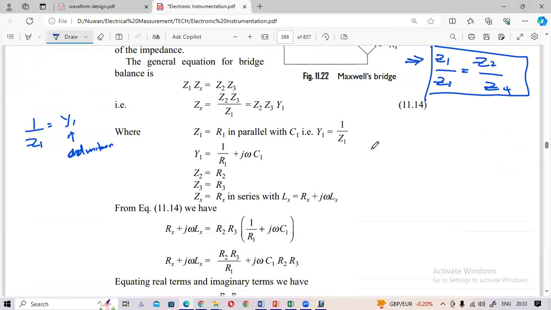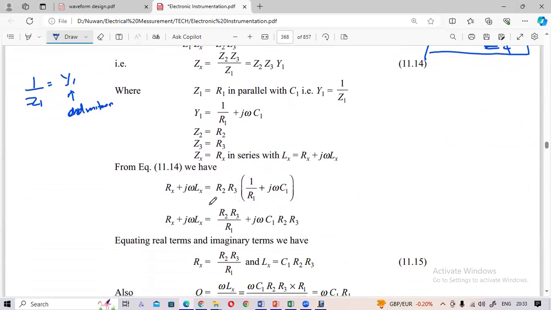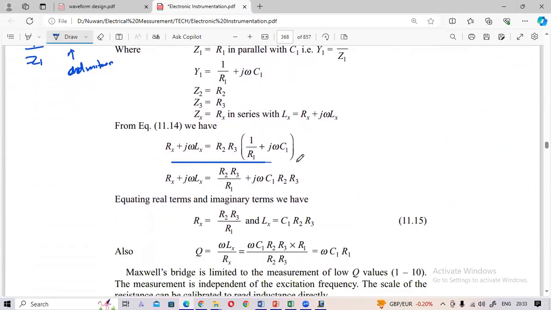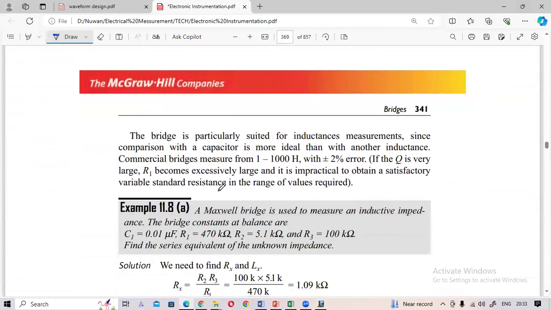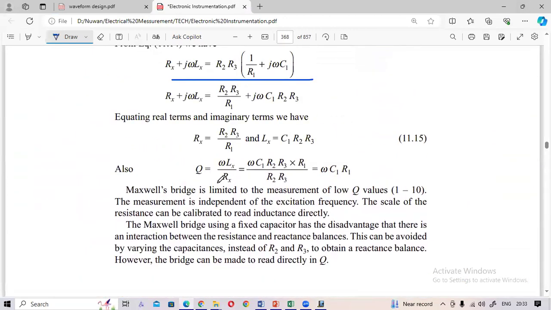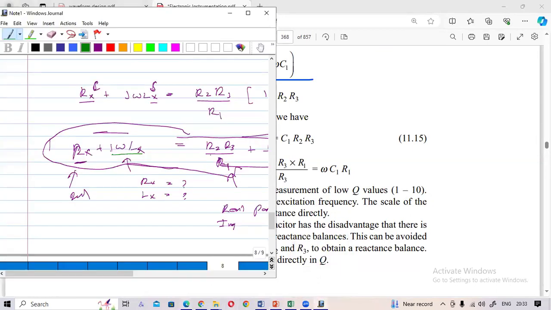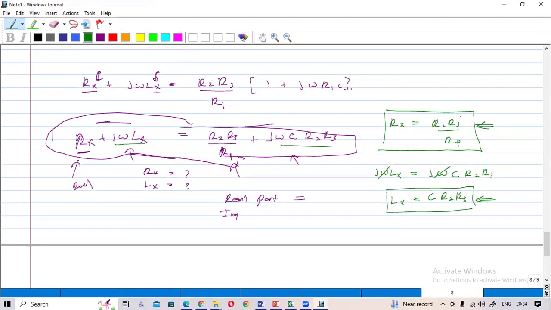The same thing is being done here. They get this one, then they equate imaginary parts and real parts. So Rx is R2 R3 divided by R1. Sorry, this is R1.